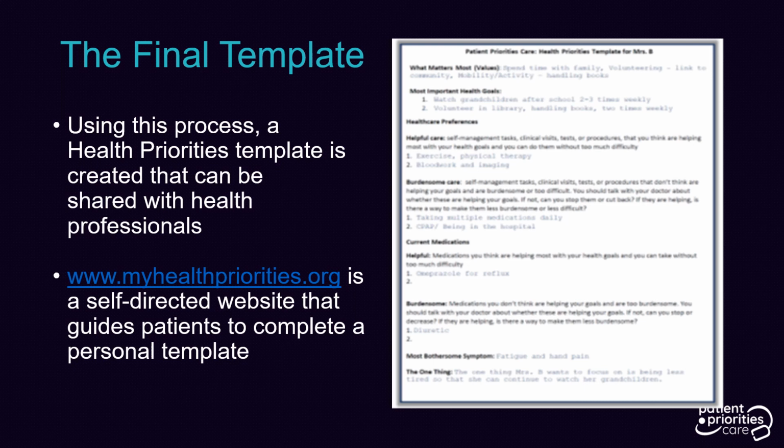Her healthcare preferences, which are the things that she's able and willing to do, and the things she finds difficult or taxing. From this, we know she is willing to go to the physical therapist and finds omeprazole helpful for reflux. She finds it bothersome to take multiple medications daily, take a diuretic, use a CPAP machine, and be in the hospital. Her most bothersome symptoms are fatigue and hand pain.